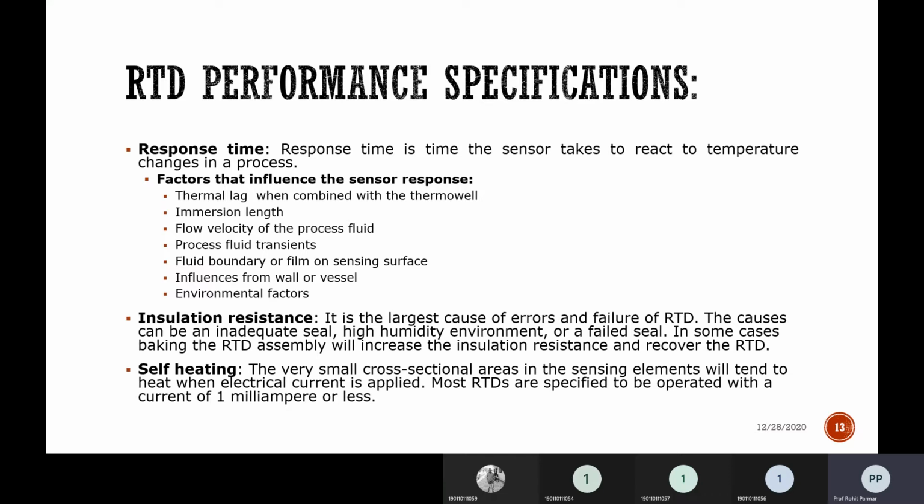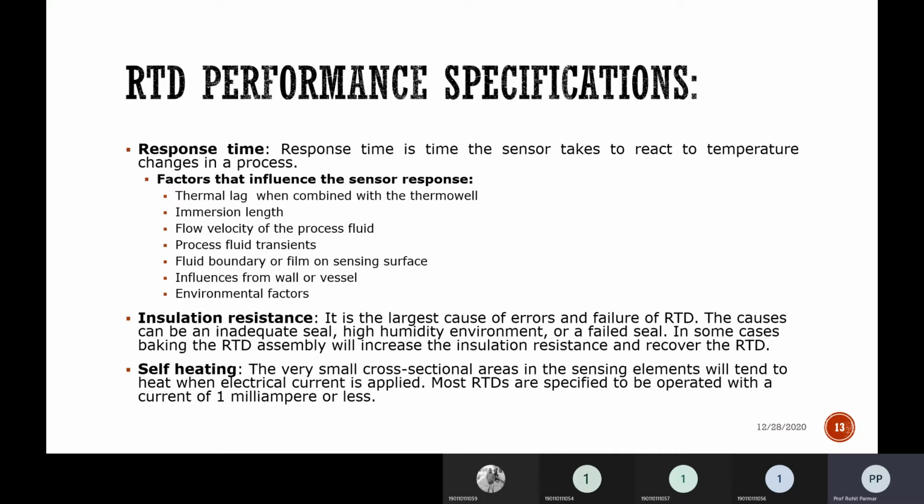Response time, it should have quick response. Over here a few factors are mentioned which affect the performance of the RTD, such as environmental factors, or fabrication process based properties, mentioned for our reference only.